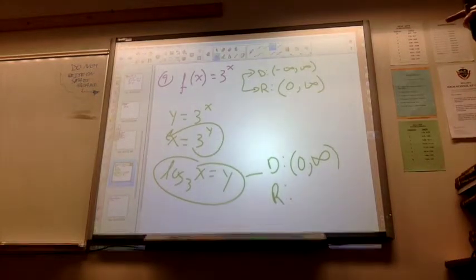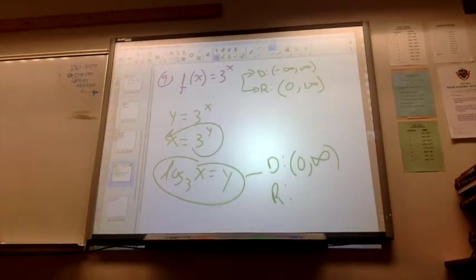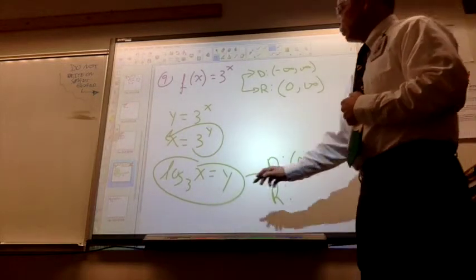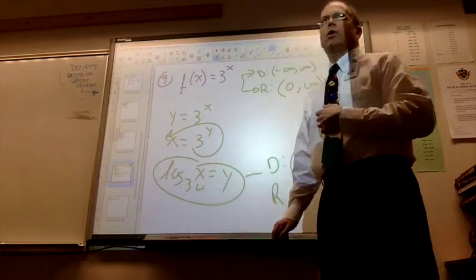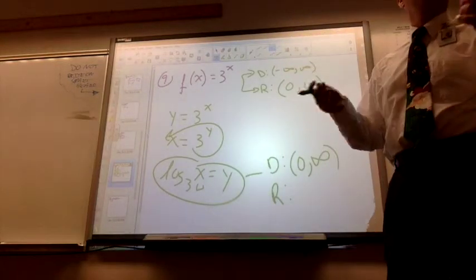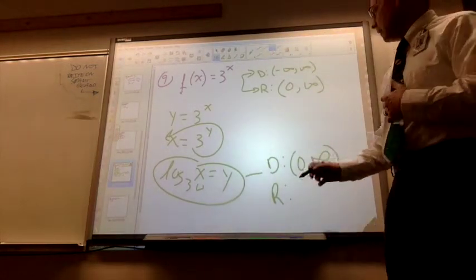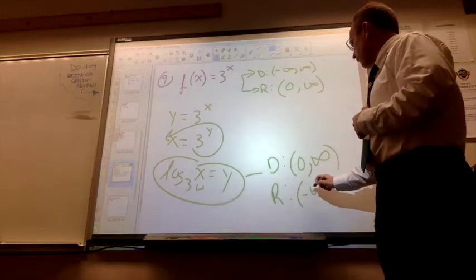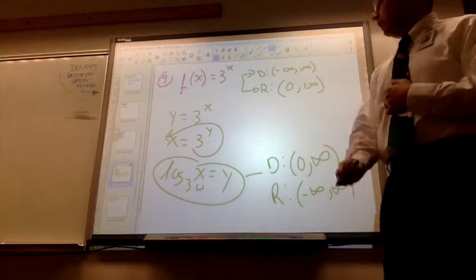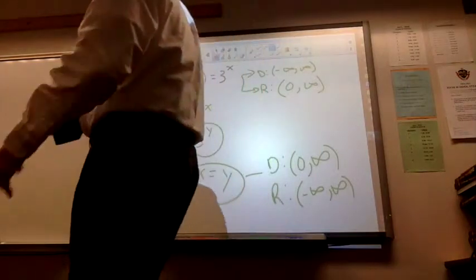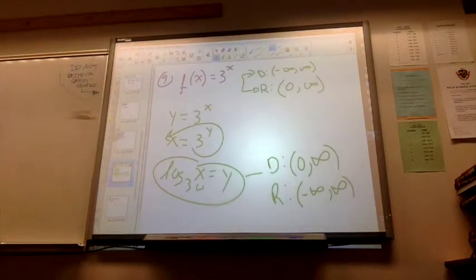What would happen if I had log base 3 of a decimal? Is it negative? If this was a really small decimal between 0 and 1, do I get a negative result out? The answer is yes. So my range does indeed go from negative infinity to infinity. So that's my inverse of that first one. May I move on?